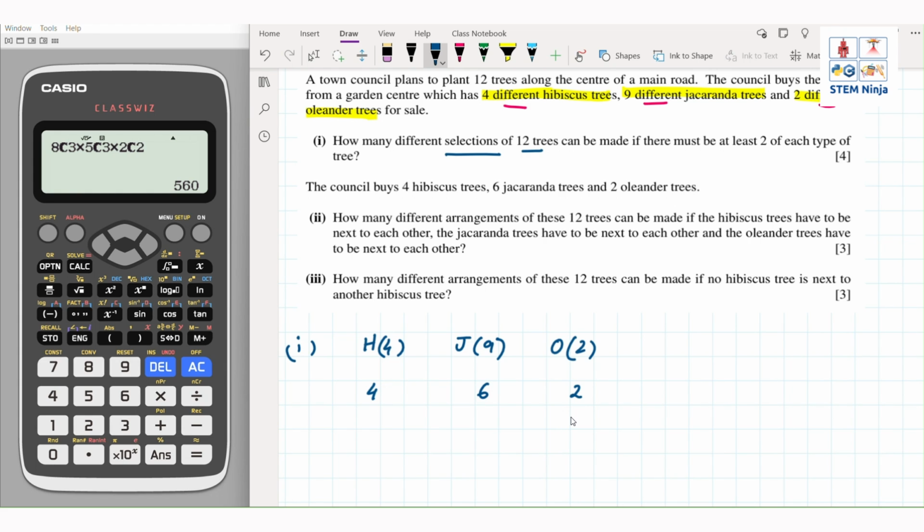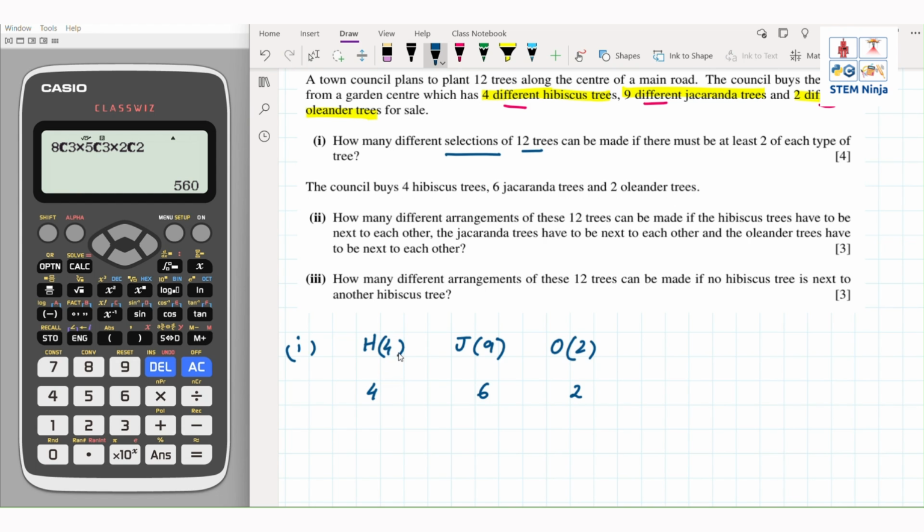Similarly, since obviously we cannot add or subtract any value of oleander, only variations are going to be in hibiscus and jacaranda.